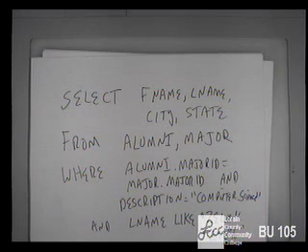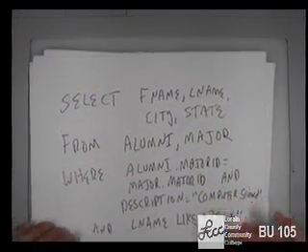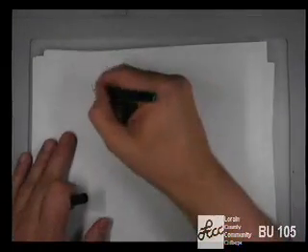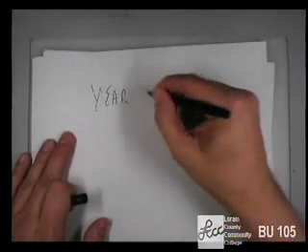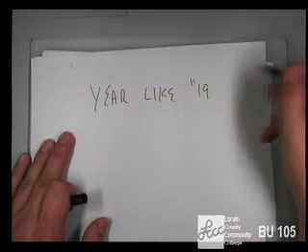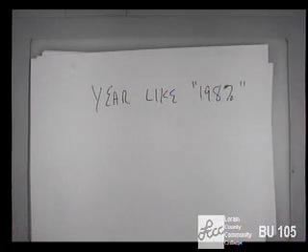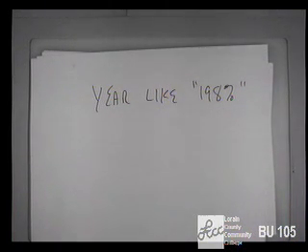If the date was stored as a string, then you could say this. You could say year like 198%. All right? But I would assume the year will be stored as a number. So you can't use the wildcard with a number. Wildcards don't work that way.